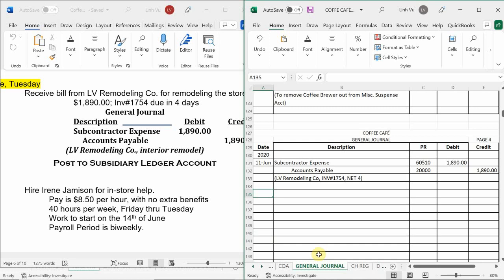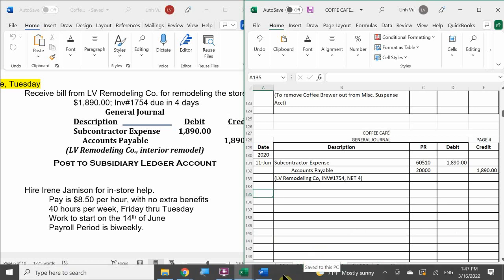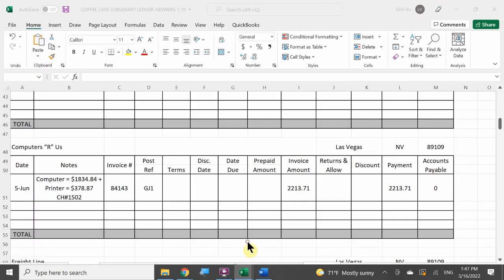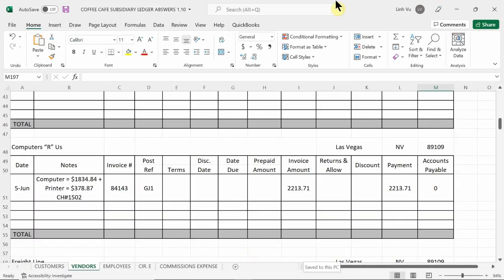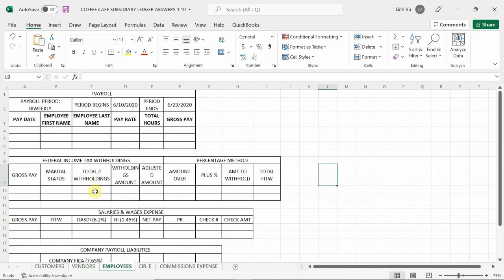For anybody that's following along with me in Excel, it's all going to be in the subsidiary ledger, because the subsidiary ledger is all the people that are involved in your company. So your customers, your vendors, and your employees. So right here, I have my employees.